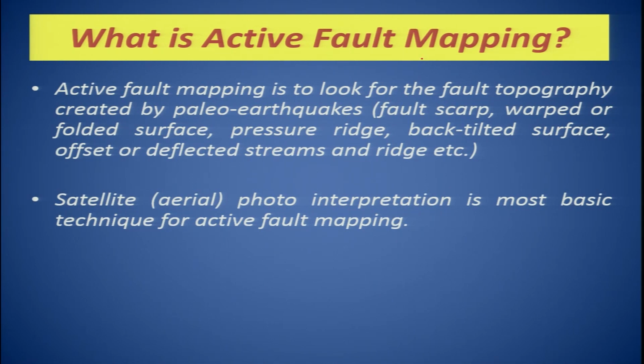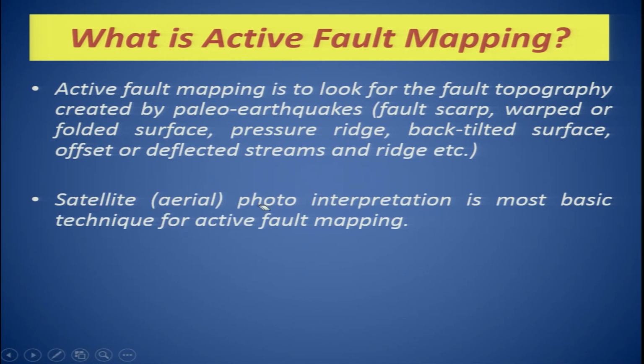For mapping, usually the first step we take is aerial photo interpretation. If you have high resolution aerial photographs or high resolution satellite data, that can be used for interpretation, and it is the most basic technique for active fault mapping. So, this is the first step.